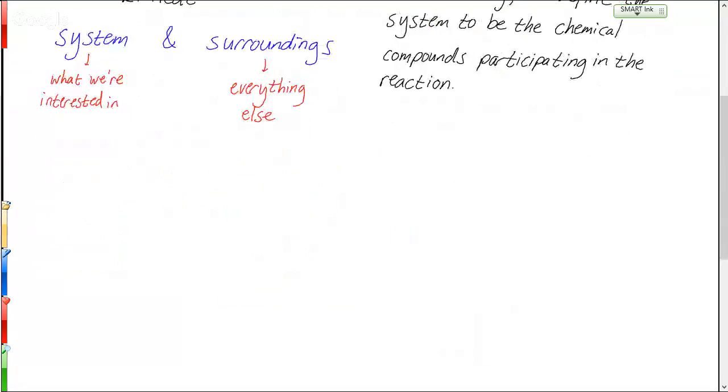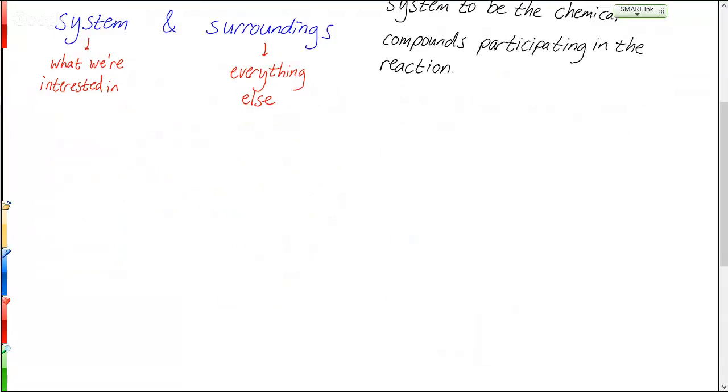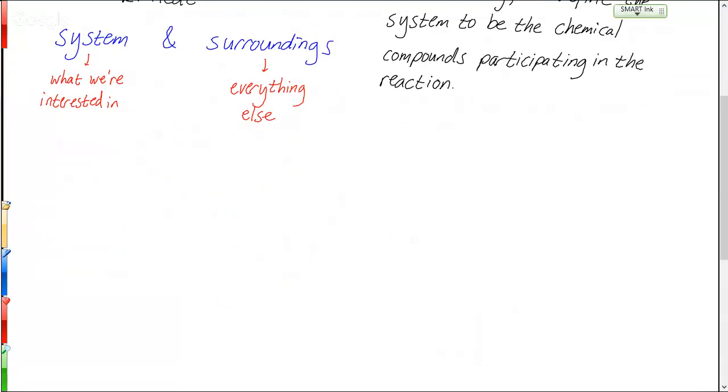All right, so where does this become important? We're going to define two terms that you've probably heard before. Well, hold on, let's define one more term first, and then we'll get to that.